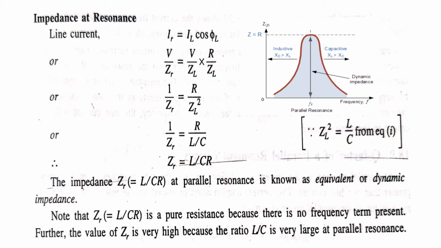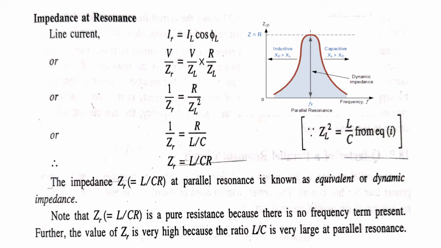First we derive the condition: line current equal to IR equal to IL cos phi L. Putting the values of IR and IL cos phi L, we get V upon ZR equal to V upon ZL into R upon ZL, or 1 upon ZR equal to R upon ZL square, or 1 upon ZR equal to R upon L by C. Since ZL square equal to L upon C from equation first, we get ZR equal to L upon CR.